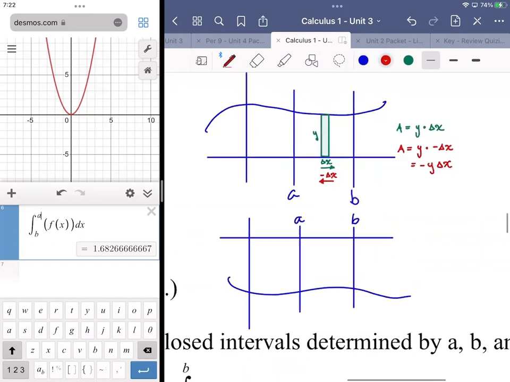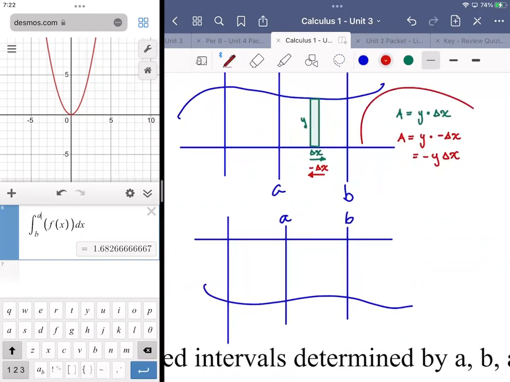you run into a little bit of an issue with this whole logic. And that is that below the axis, instead of a positive y giving us the distance, it would be some negative value of y giving us the vertical distance. So this would be a y, this would be a delta x.